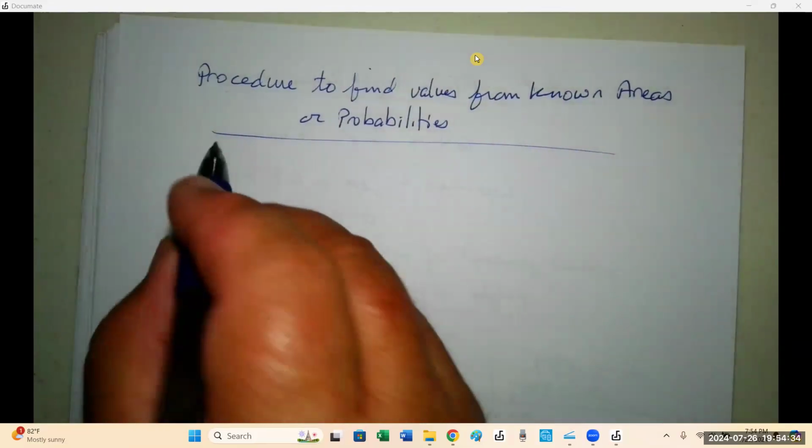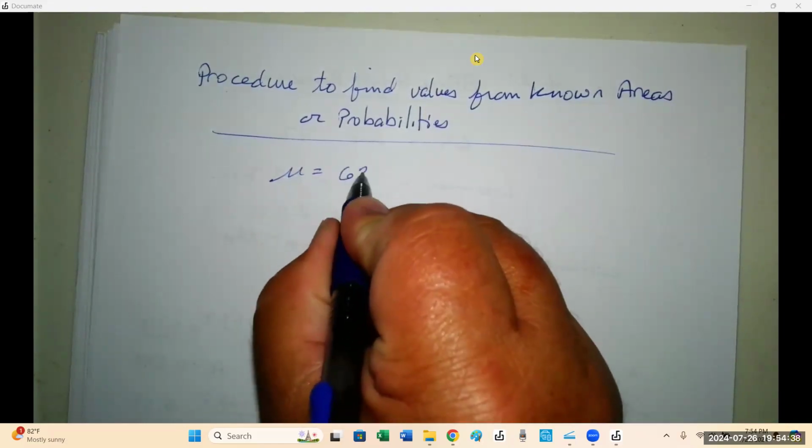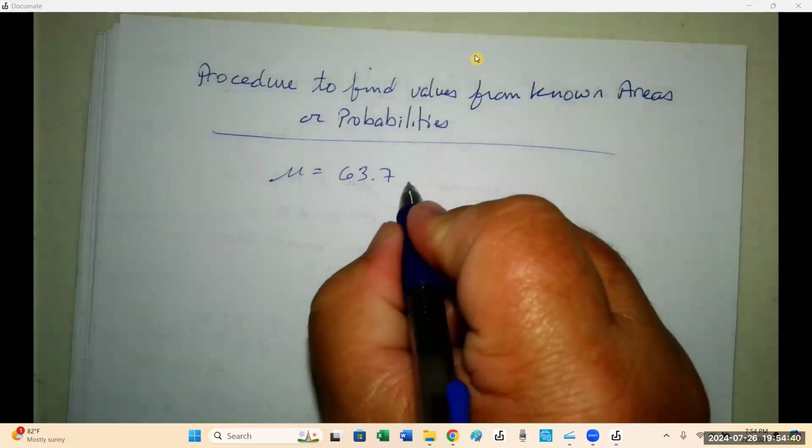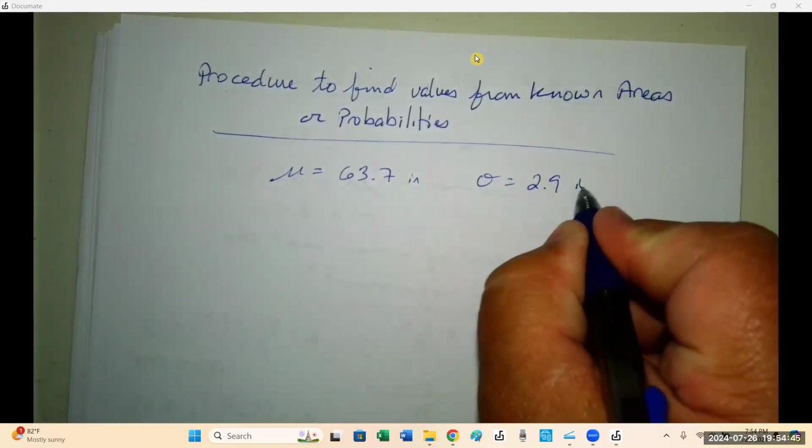So here's an example. Let's say the mean was 63.7 inches and the sigma is 2.9 inches.